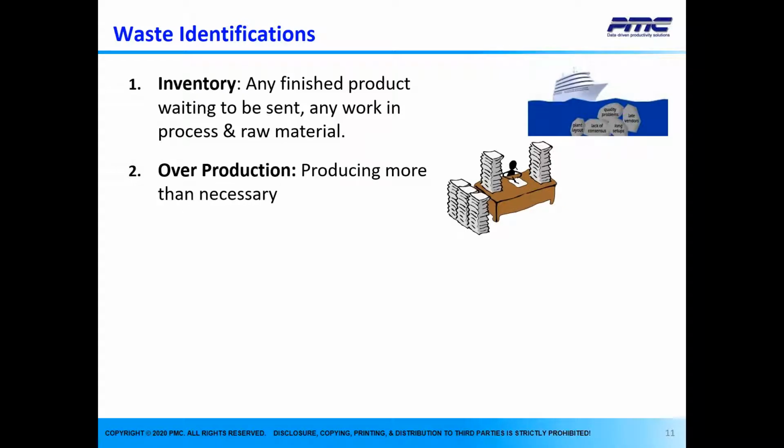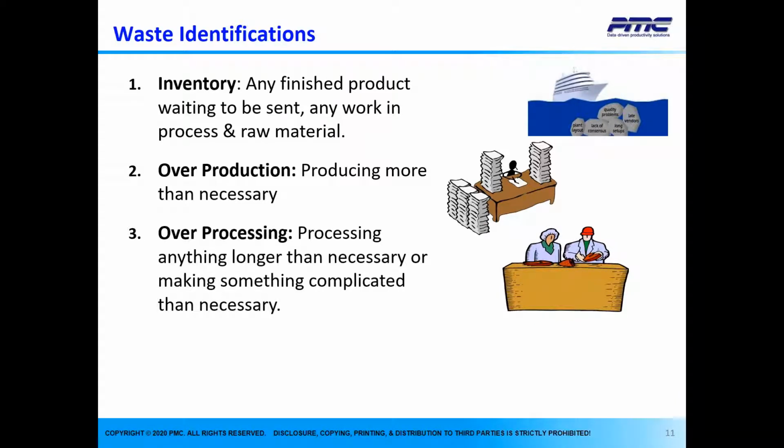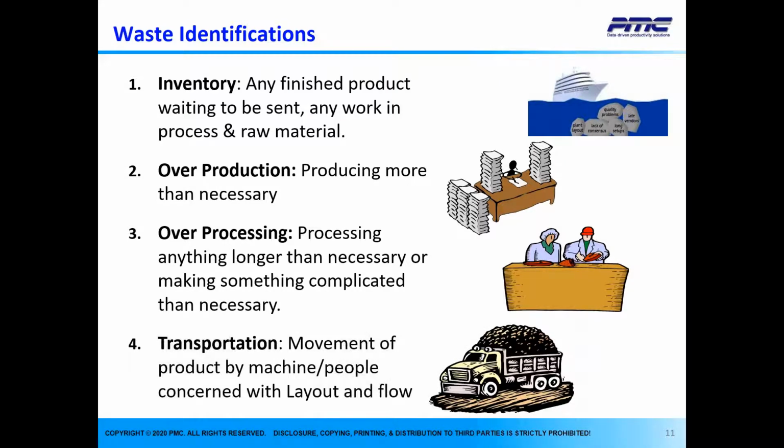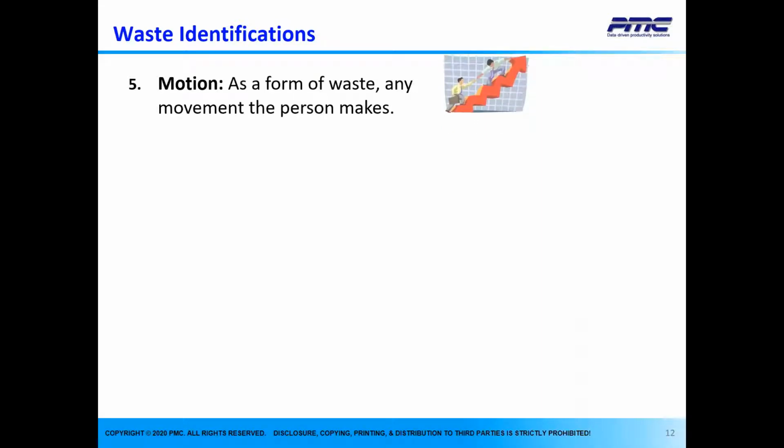Overproduction: producing more than necessary. Overprocessing: processing anything longer than necessary or making something more complicated than necessary. Transportation: movement of product by machine or people, concerned with layout and flow. Motion as a form of waste: any movement the person makes.